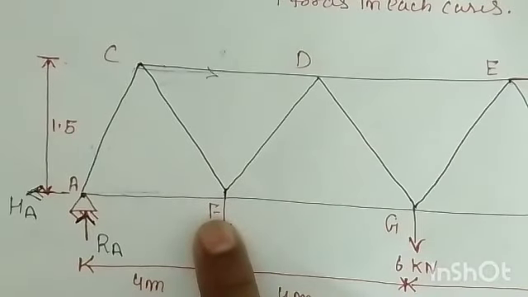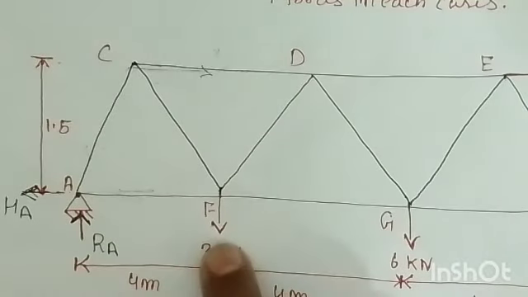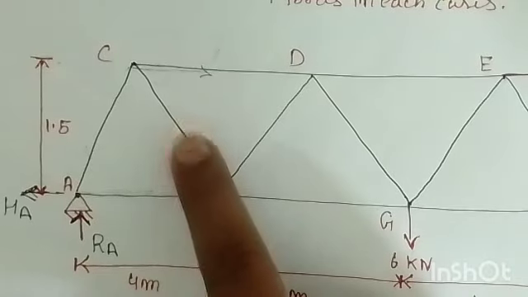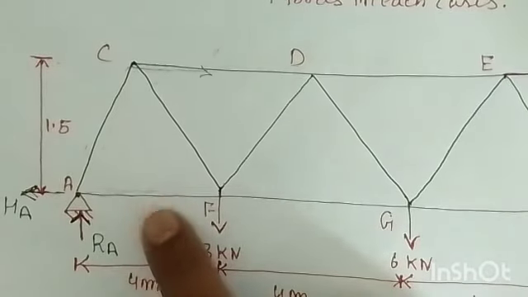Now you can come to F. Why? Because if you choose D, it is a little bit more complex than this joint, because here the load is given, and in this member we already calculated the load, and in this member also we calculated the load, right?